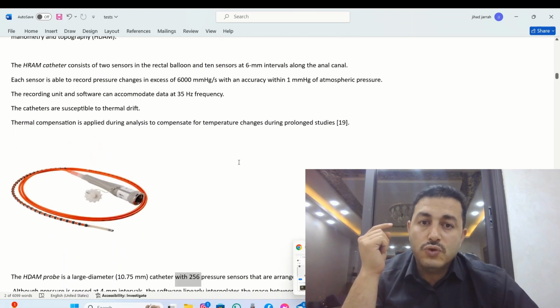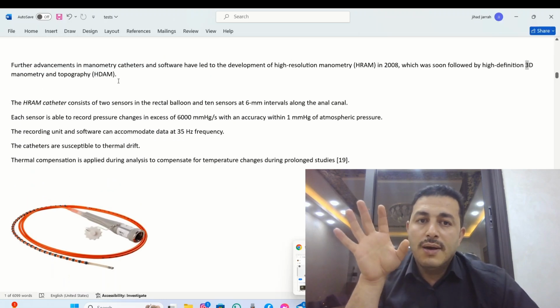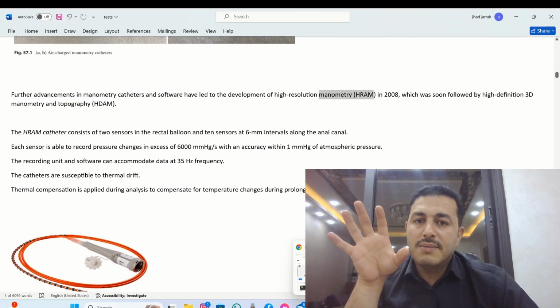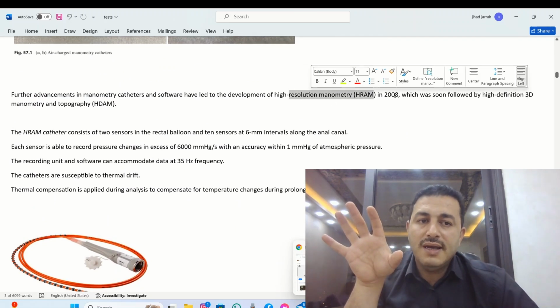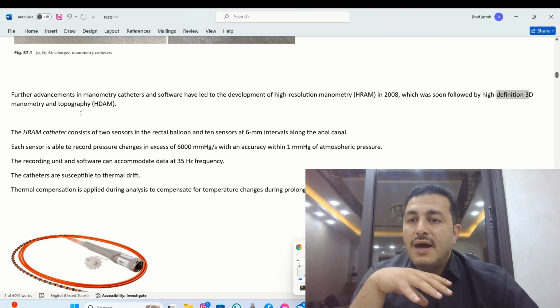We said that we have two types of solid state: the high resolution and the 3D. The high resolution actually came first in 2008. A few years later, we had the 3D manometry and topography.